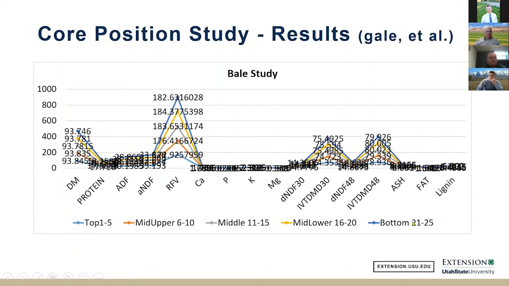The bottom cores had the highest relative feed value, shown by 182. When you look at 182, 184, 183, these are all in the upper half of the bale. So the upper half of the bale has a higher relative feed value than the lower half of the bale, just due to the settling out of stems during the baling process.